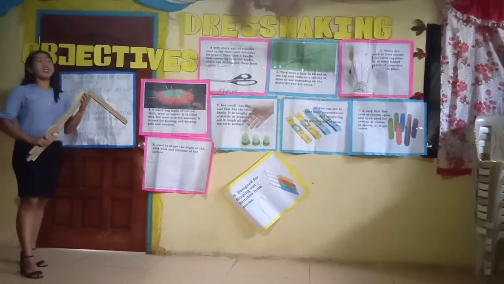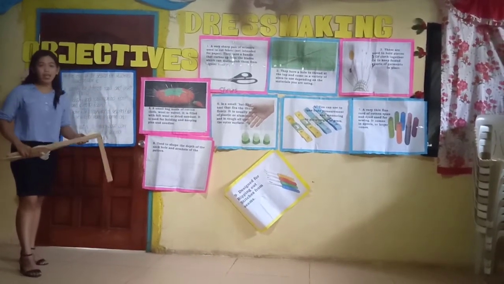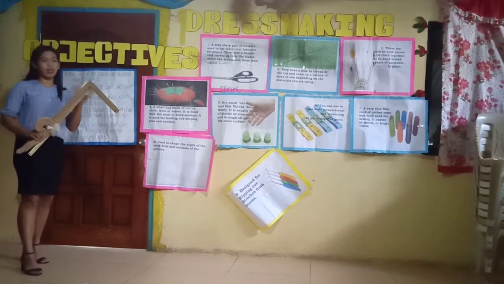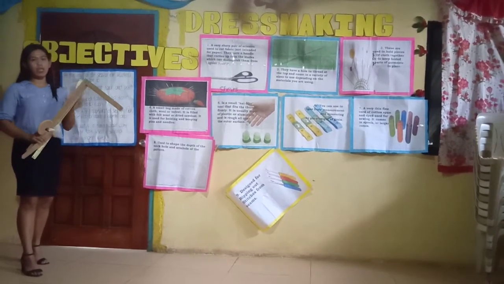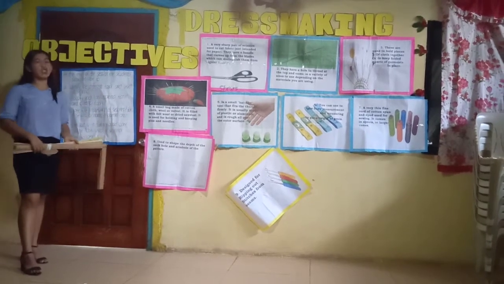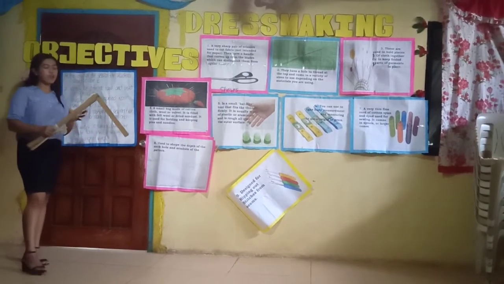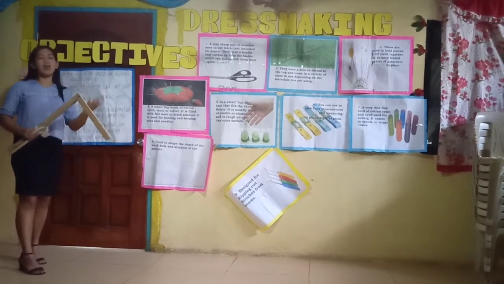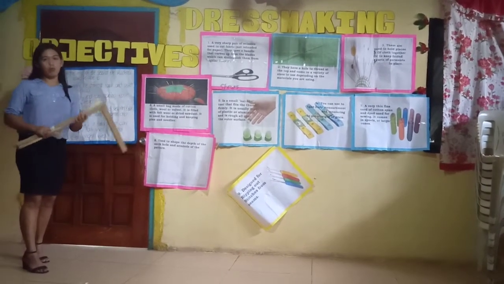So all they have to do is to classify the different tools like cutting tools, measuring tools, and sewing tools. Assuming that the students will classify what are the measuring tools, what are the cutting tools, and what are the sewing tools.